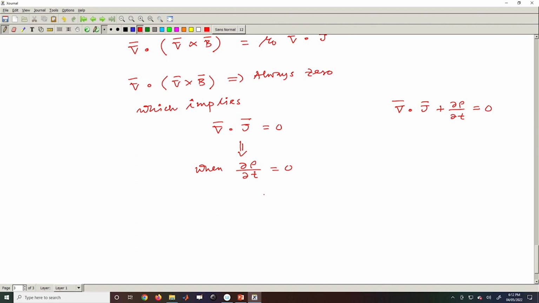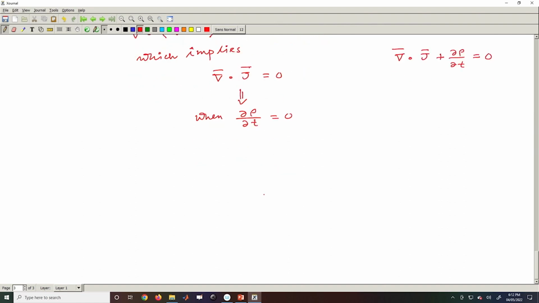So, the left hand side is always 0, but the right hand side is conditionally 0. That creates some issue, and we will solve this later on. That is the contribution of Maxwell, and del rho del t equal to 0 is simply the condition for the static case. For a static system, we have this to be 0.